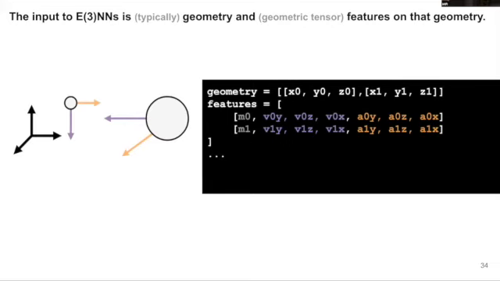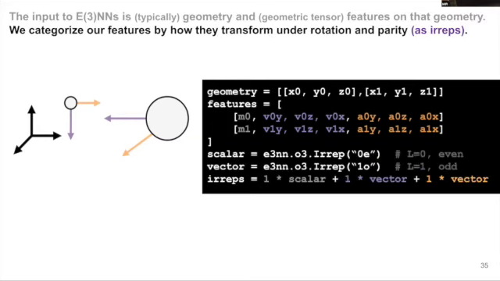But again, we don't just have numbers floating around in our neural networks. I have to tell the neural network what this data is. So I need to tell it the geometry, the features, and the irreps that my data transform as. So the masses transform as scalars. The velocity and acceleration are vectors, and so they transform in a particular way.